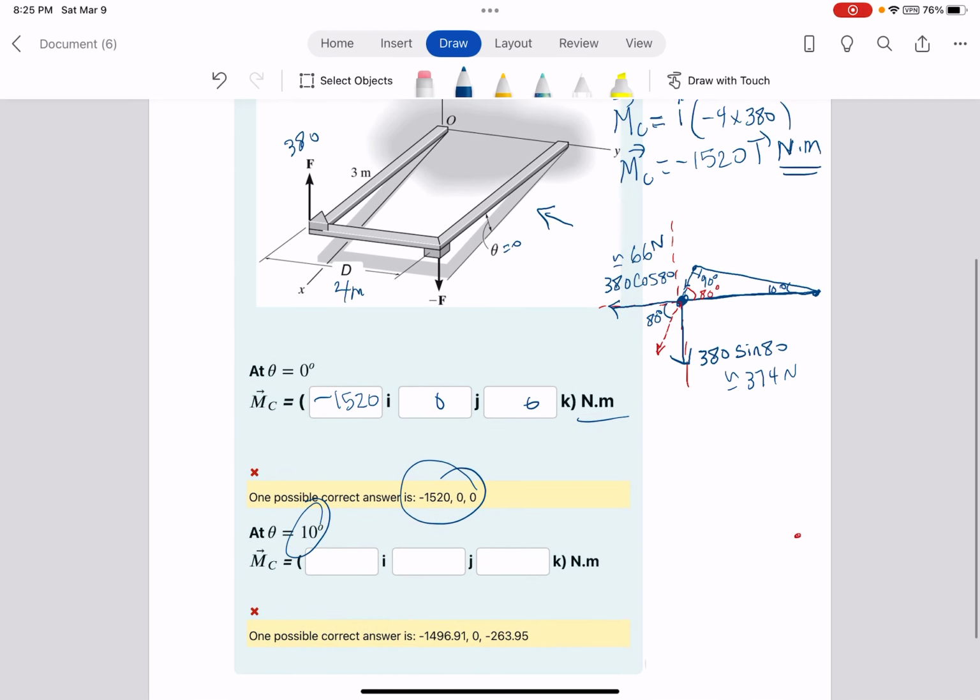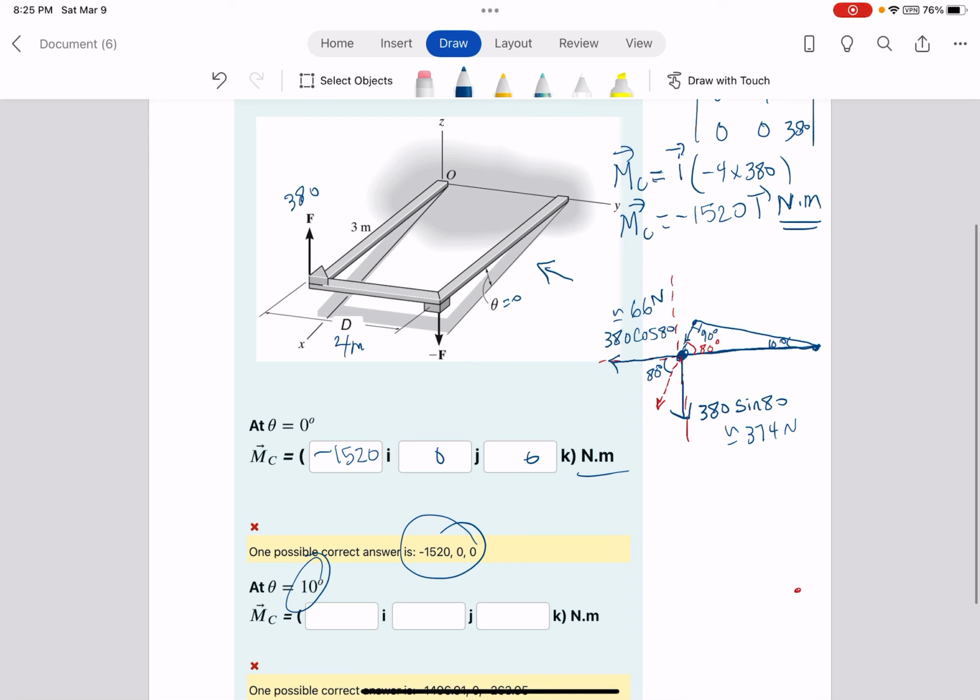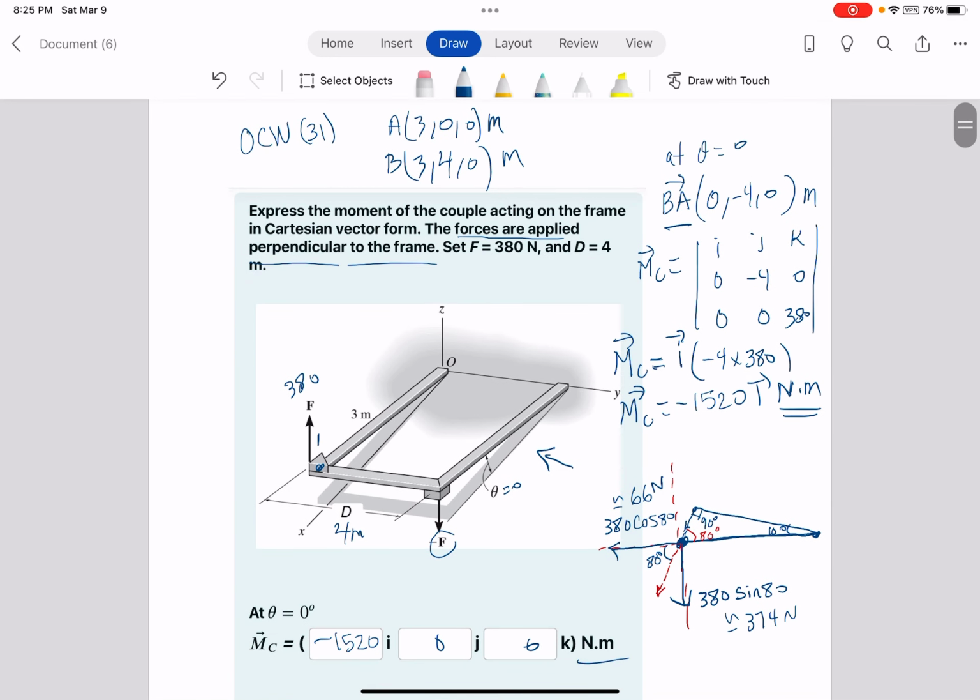So we have the forces now. Since we took this force, let's call this one A and this one B. Let's take the position vector from A to B and use this force, since we analyzed the force into two projections, one in the x and one in the y.